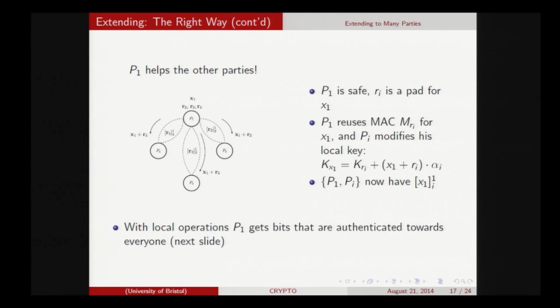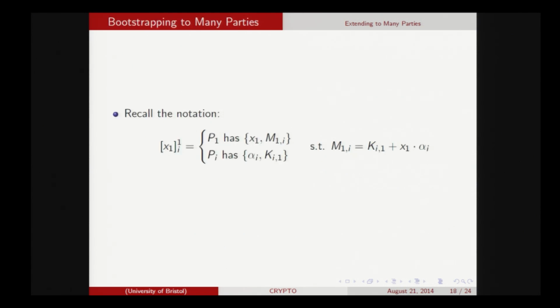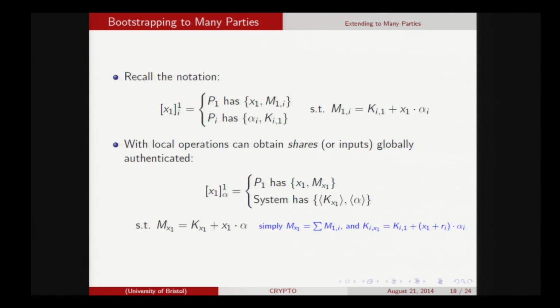But we want more. We want global authentications. And you can do this using just local operations. So this is how you do it. Remember the notation: X between brackets means that P1 has the bit and the MAC on it, and Pi has the key. So P1 is going to add all the MACs that were authenticated towards the different parties, and then he gets a new MAC.